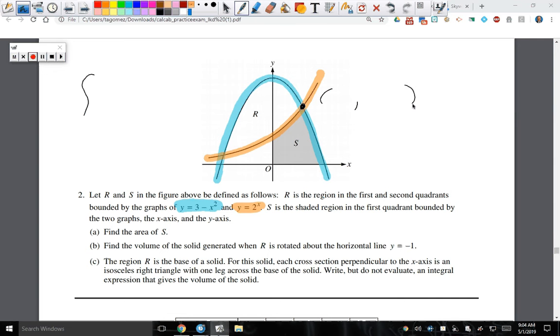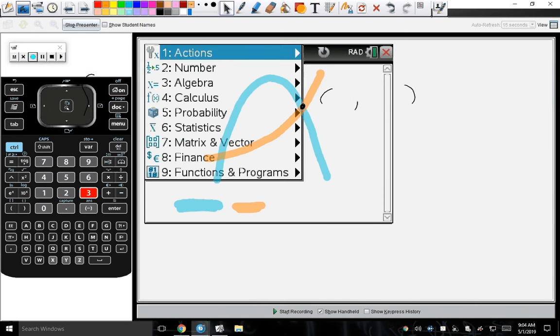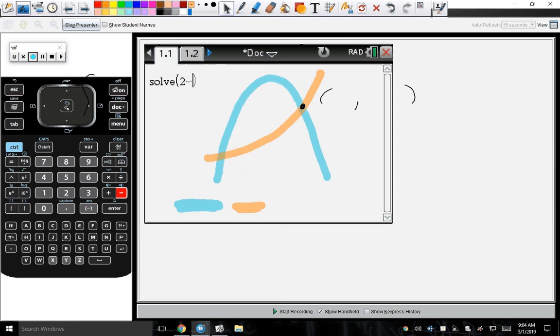Okay? Here we go. So 3 minus x squared, 2 to the x. Let's see what we get. So menu 3, 1, 2 minus x squared is equal to what? Or did I do that wrong? It's 3 minus x squared is equal to 2 to the x, right? And then we're going to do comma x.